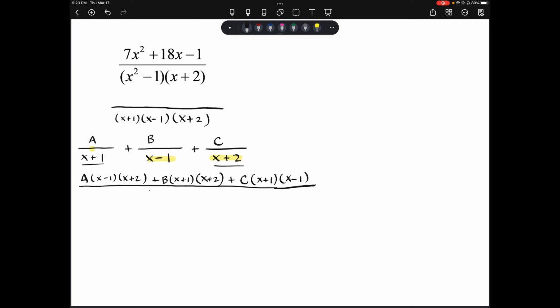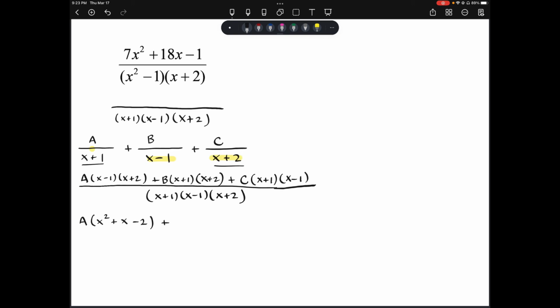Okay, so really this is all over x plus 1 times x minus 1 times x plus 2. But we're still going to go through that same process we've been doing, so we need to simplify everything. So when I look at my numerator, I have a times x squared plus x minus 2.